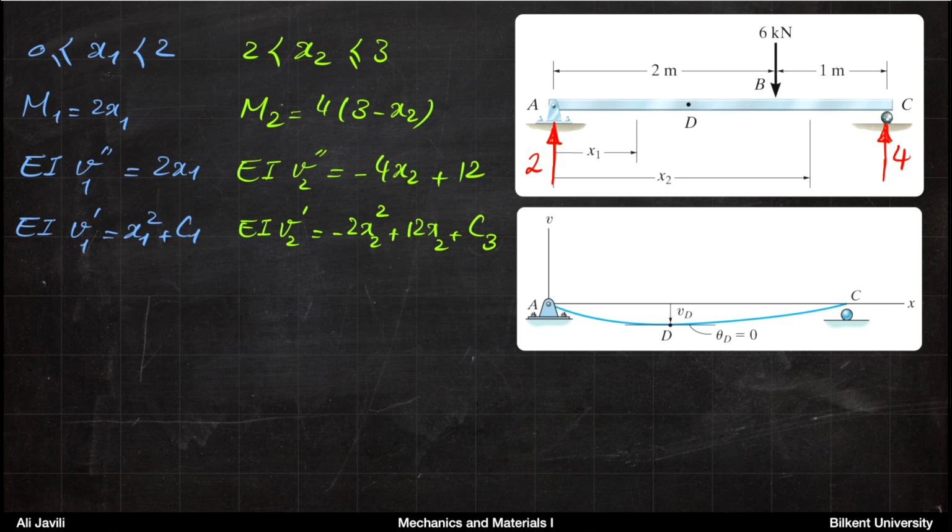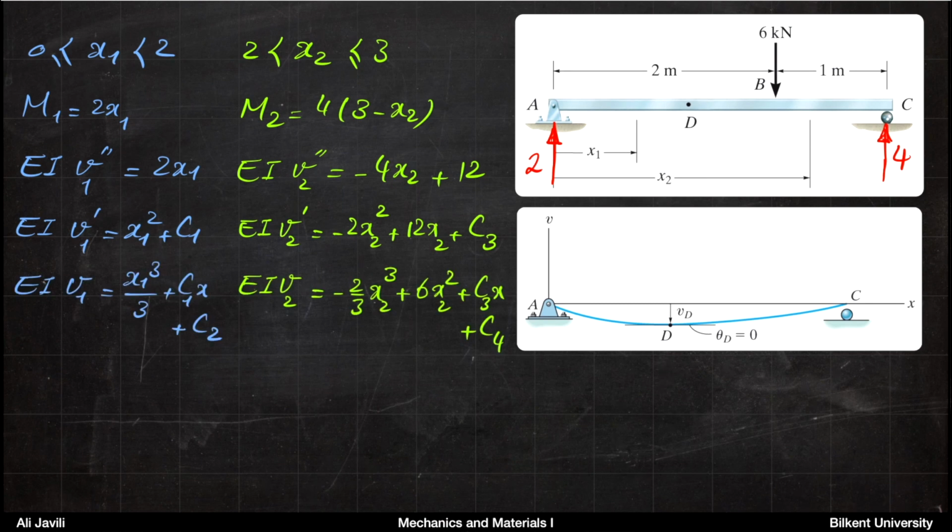Then you integrate it once, you get the V prime. You integrate twice, you get the V deflection. So now again, the blue equation on the left part corresponds to AB, and the green part corresponds to BC. So you have your deflection functions V1 and V2 so far.